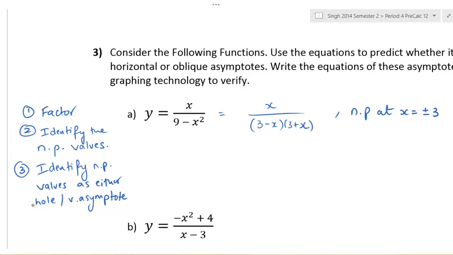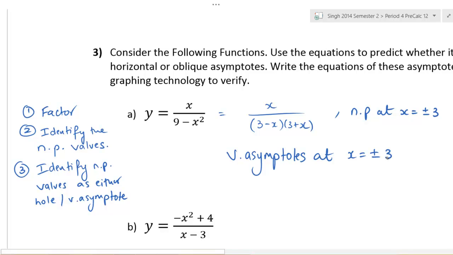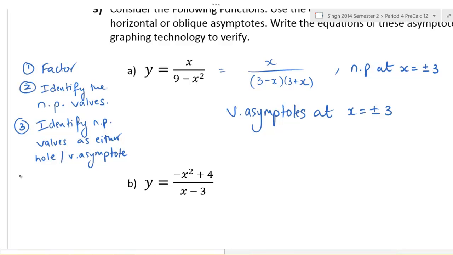They're going to be vertical asymptotes, right? And then lastly, I'm going to check for oblique or horizontal asymptotes.